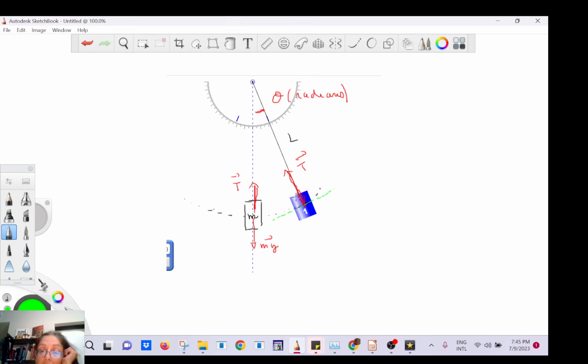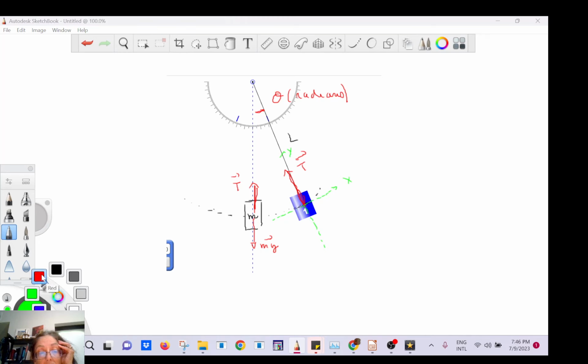So it's going to be involved in finding the centripetal acceleration, but it doesn't make the mass go faster or slower. It doesn't make it go faster here, and it doesn't make it go slower when it comes back. So I'm going to call that the x-axis here, because that's the one you are most used to.